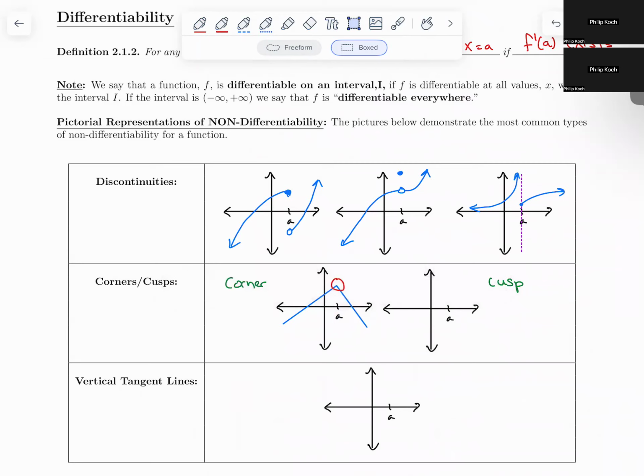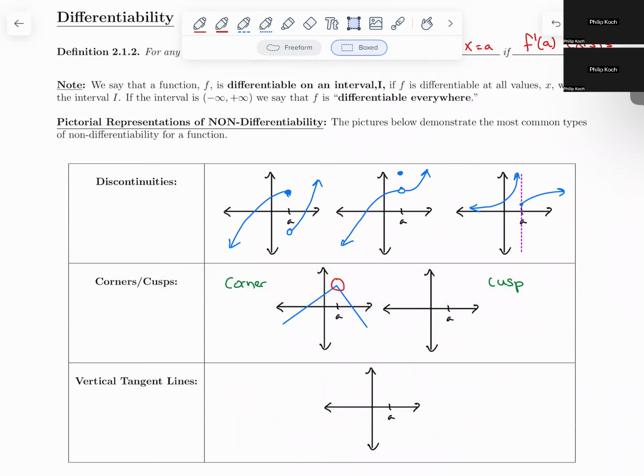Any questions on that? Yes. So the cusp requires that they go to infinity, so if they ended at points, like instead of the arrows, they ended at some fixed value, it would not be considered a cusp, even if it was the same shape. I'm not quite sure I understand.